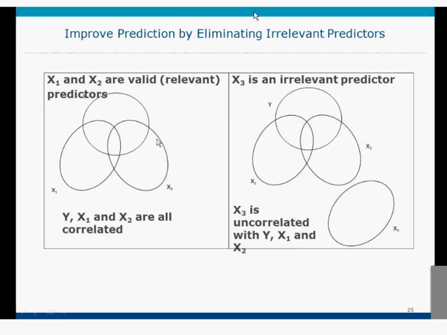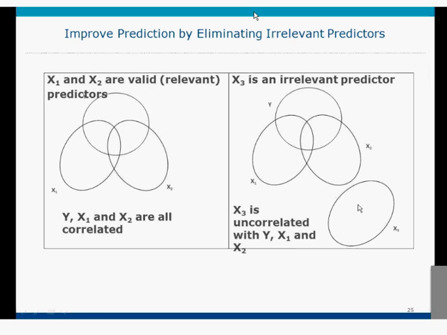So here we have a graphical depiction of two predictors, x1 and x2. This is the dependent variable, y, and you can see both are correlated with y. In this case here, we have a third predictor, which is irrelevant. Okay, it is not correlated at all with y, and it's also not correlated with either of the x's.